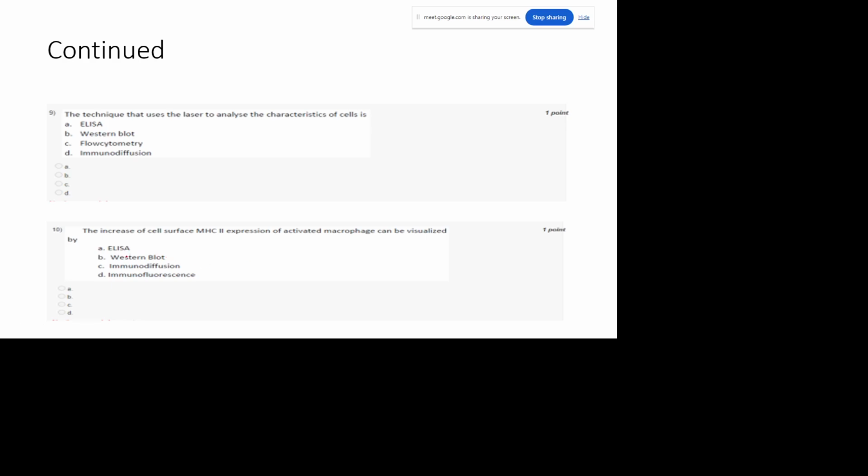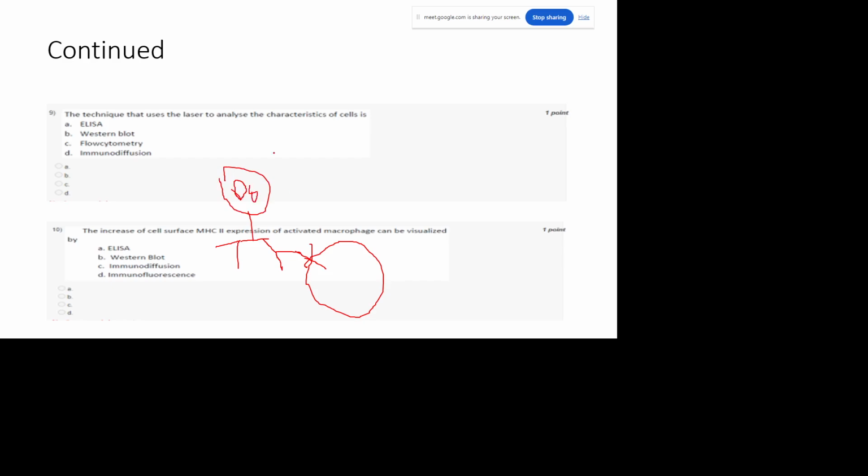Immunofluorescence will help you. Suppose, for example, this cell, for example a B cell, is expressing MHC class 2. Then you can use a primary antibody against this MHC class 2 protein, and then a secondary antibody which is conjugated with a fluorophore, for example DsRed.